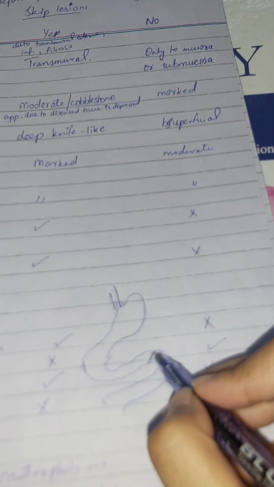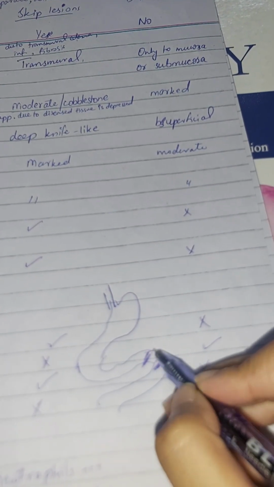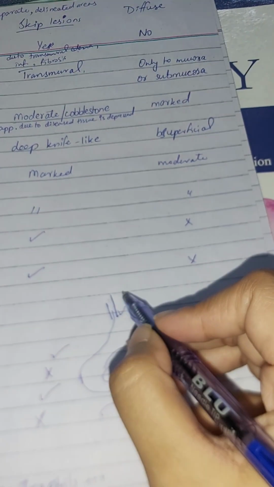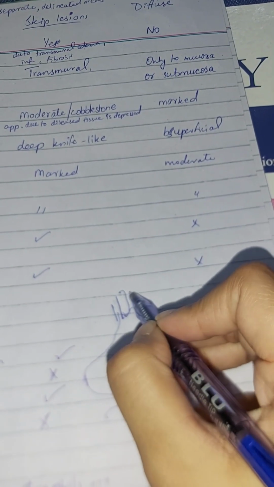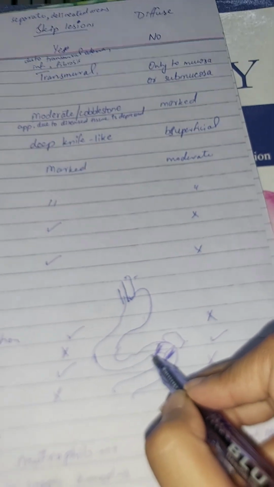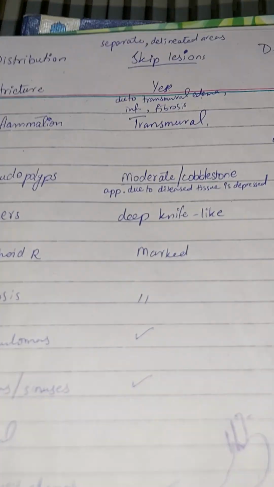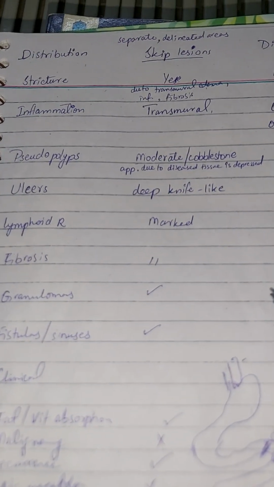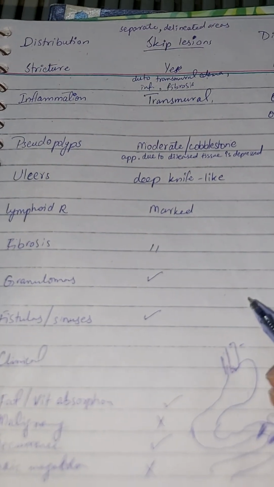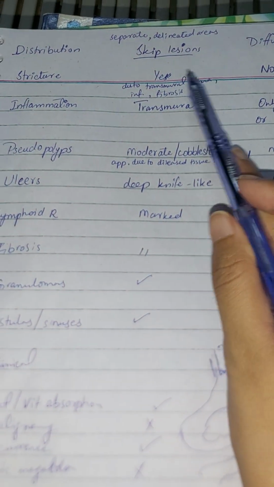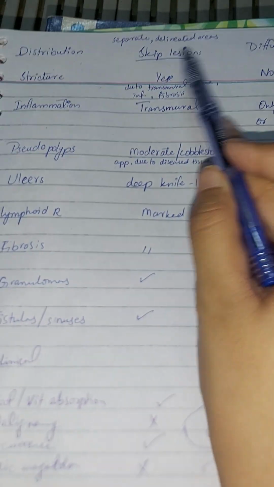Now if there is degeneration at this point, there may be degeneration at this point. Rest of all the epithelium is absolutely normal. Only at specific points there are lesions that are termed skip lesions, that are separate delineated areas.